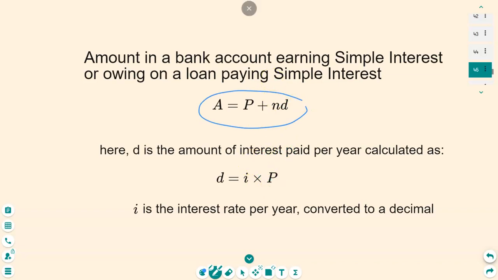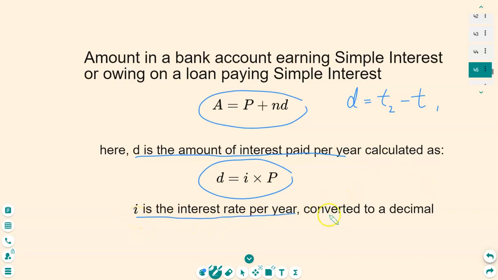Now D can't be simply calculated as T2 take T1. Now D is I times P. So D, using it for simple interest, is the amount of interest paid per year. And I is the interest rate per year converted to a decimal.